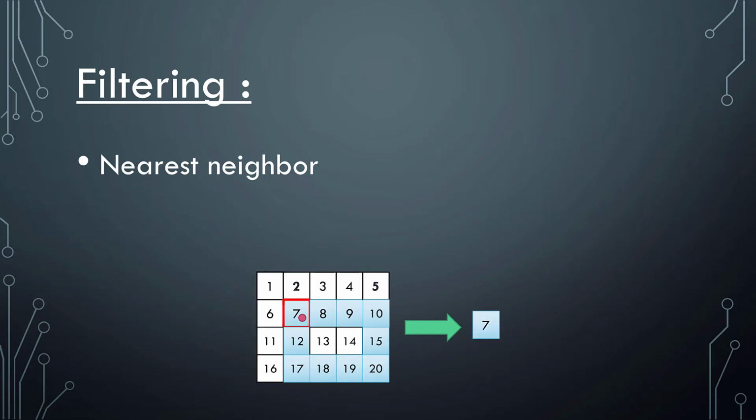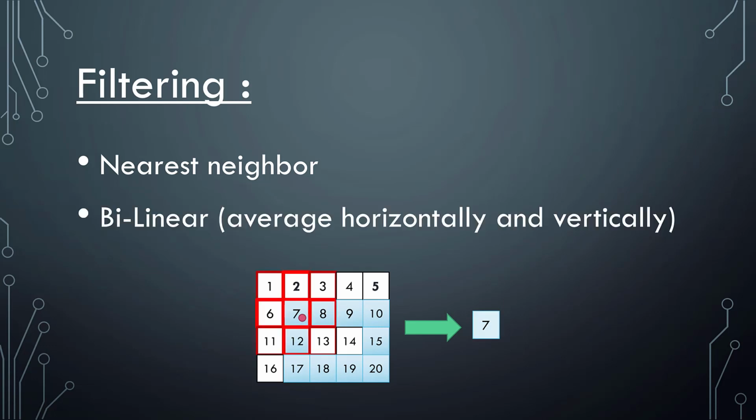Nearest neighbor filtering is the process of saying, whichever pixel center is the closest to where we are, just get that value. That's the cheapest and simplest, but it may not always look very good ultimately.